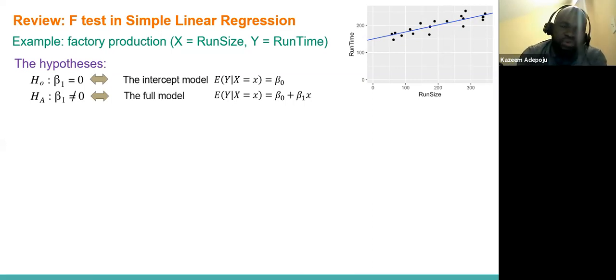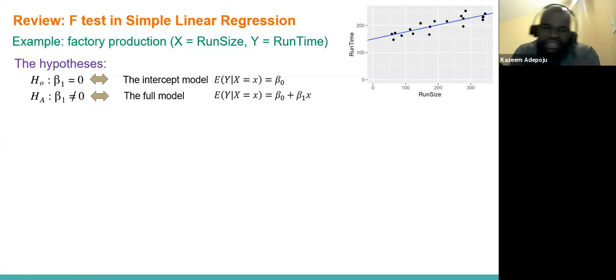That is the reason I'm going to call that a full model, while the other one is an intercept model. The intercept model more or less looks like a partial model, while this one is a full model.